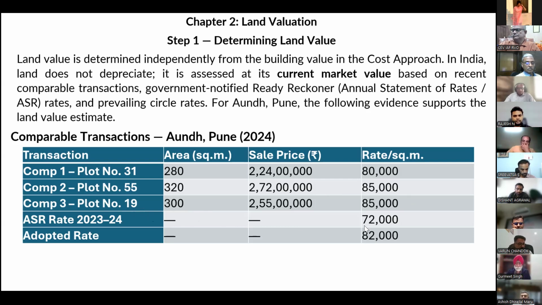Plot number 3 was sold for 2 crore 55 lakh, area 300 square meter, rate 85,000 per square meter. And the guideline rate in 2023-24 is 72,000. So the rate varies from 80 to 85 thousand.